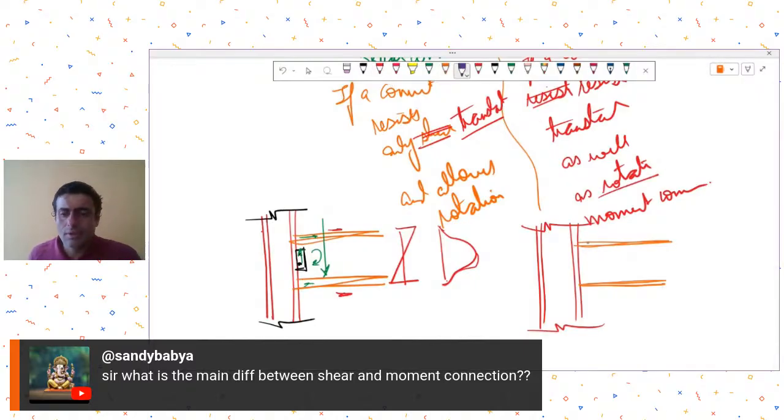So I am holding the web also by whatever connection system, there can be multiple options of doing that, and I'm holding the flanges also. So I may call this connection a moment connection. Are we clear?